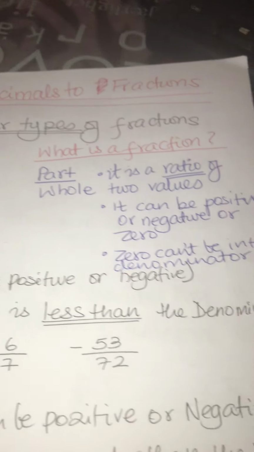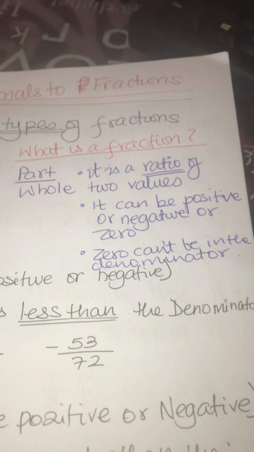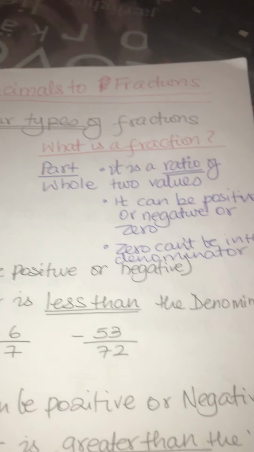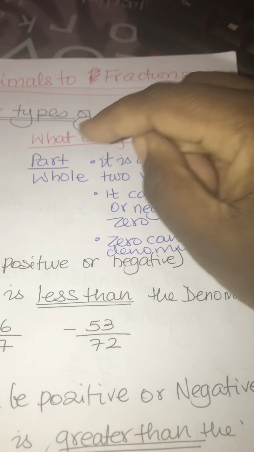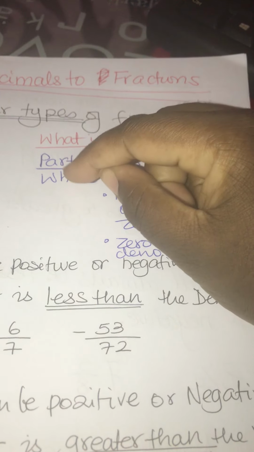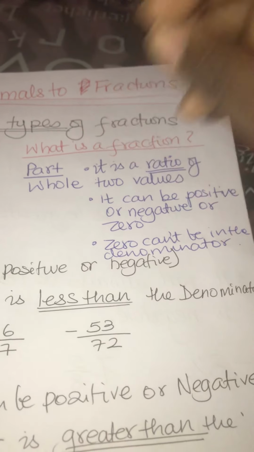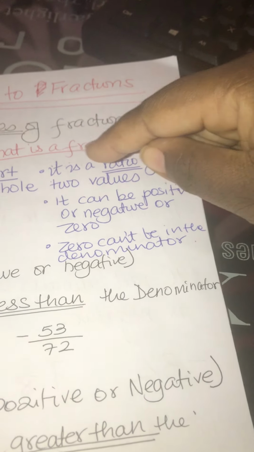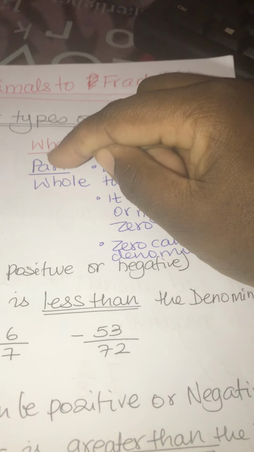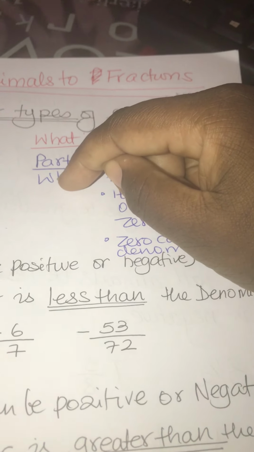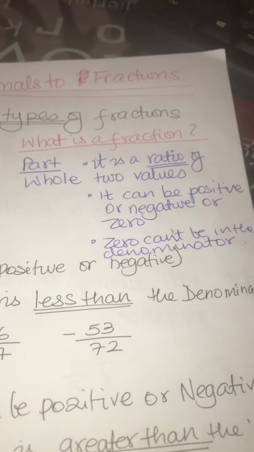Okay, now what is a fraction? Remember, when we're explaining a fraction, it is a ratio of part to whole. It is a ratio of 2 values. One value is called the part, the other value is called the whole.